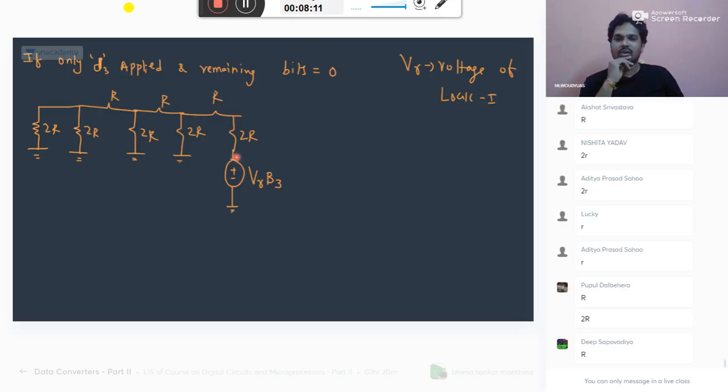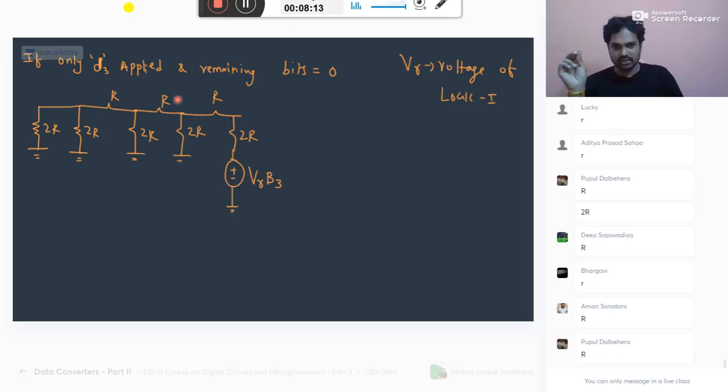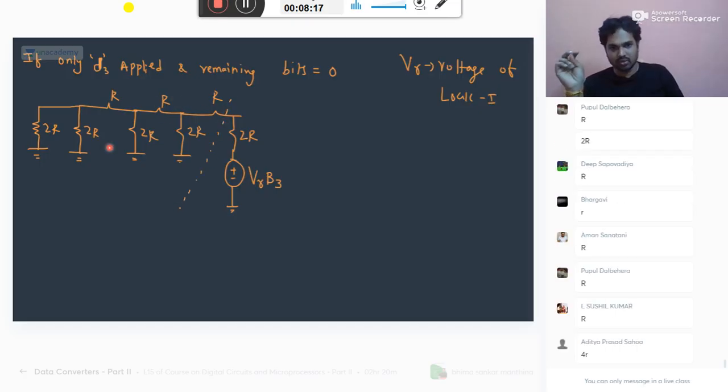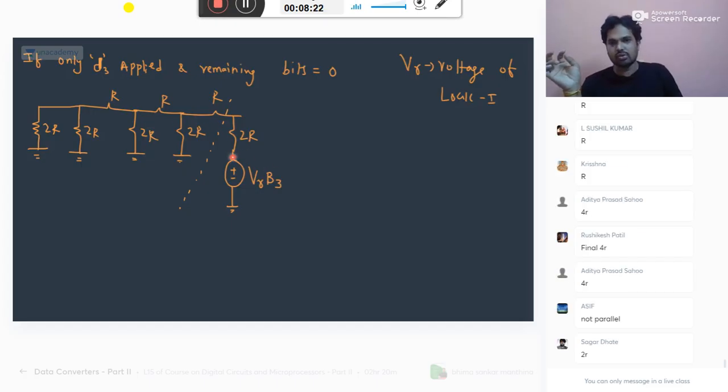Up to this it is 2R, okay. But don't take this 2R and this 2R in parallel. The final one is having a source. It is not in parallel; it is having a source in between. So it is slightly becoming like a networks class. Don't worry. So 2R parallel with 2R, VR into V3.